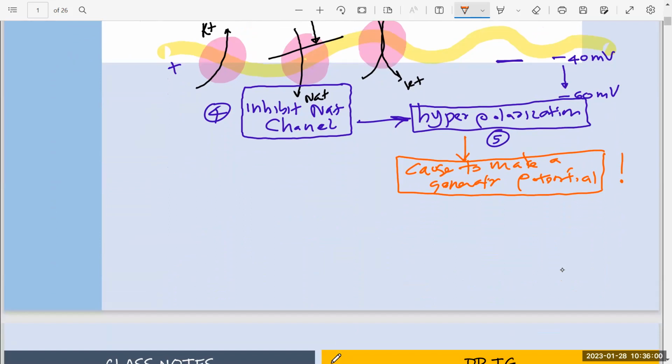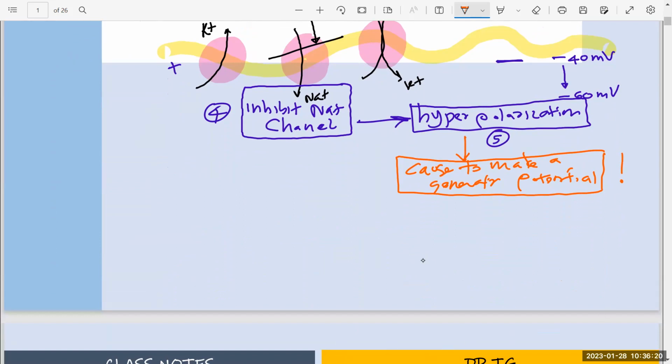Sodium channel closing leads to the inside getting more negative, called hyperpolarization. Then the hyperpolarization causes a generator potential. This generator potential is communicated via the optic nerve to the brain.